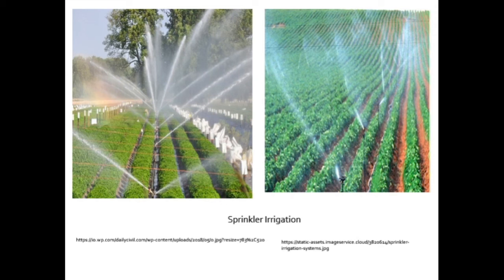Low rates and amounts of water may be applied, such as are required for seed germination, frost protection, delay of fruit budding, and cooling of crops in hot weather. Fertilizer and soil amending chemicals may be dissolved in the water and applied through the irrigation system.